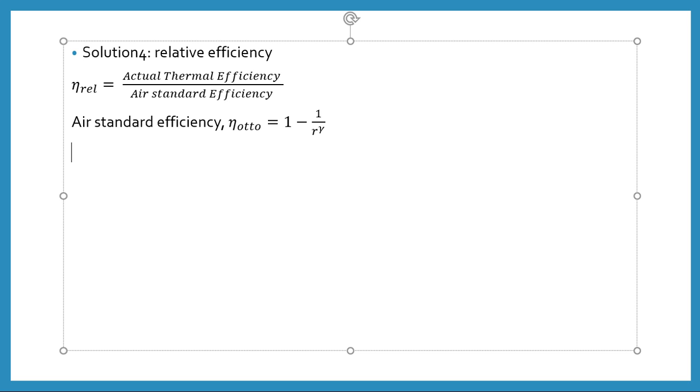Here R means compression ratio and the gamma value is already given.